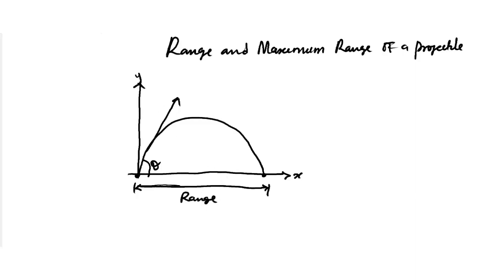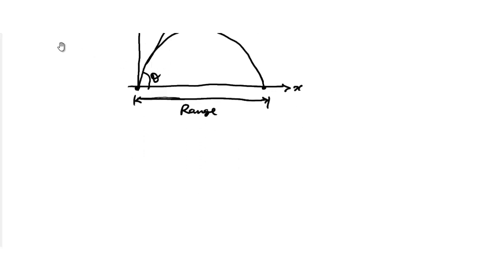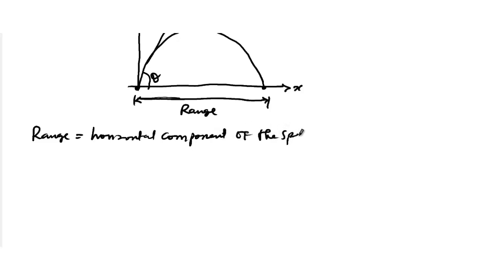So it has a mathematical expression we can use. Mathematically we can say the range is equal to the horizontal component of the speed or velocity, multiplied by the time of flight.